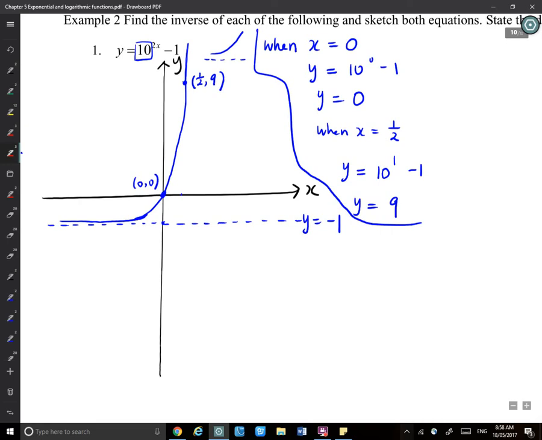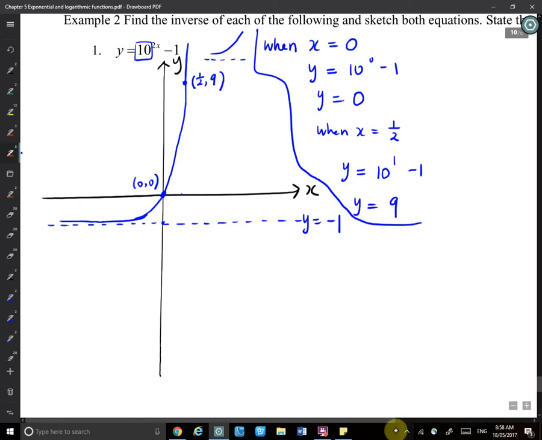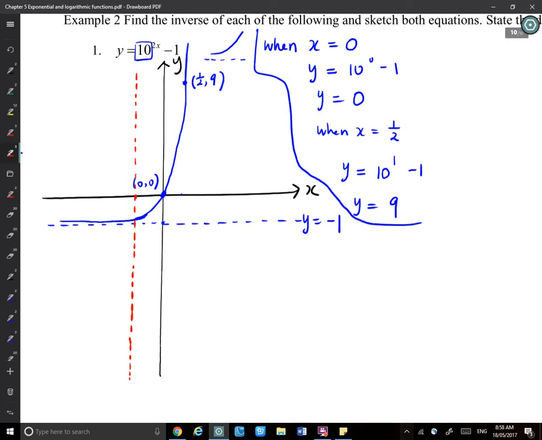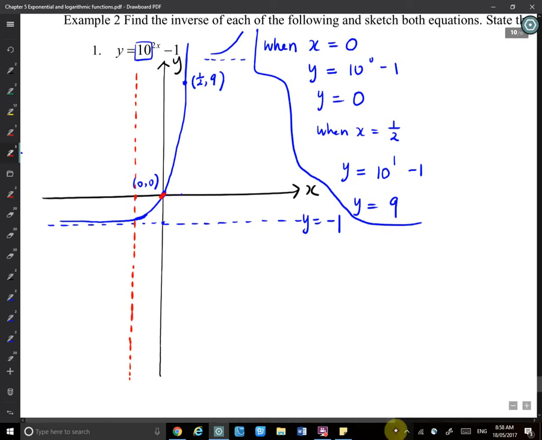I will have x equals -1 as the asymptote. Next, if I have (0, 0) on the original function, what will be the point on the inverse? (0, 0), you still have that point.